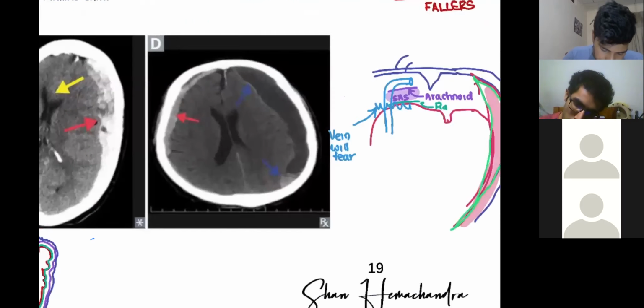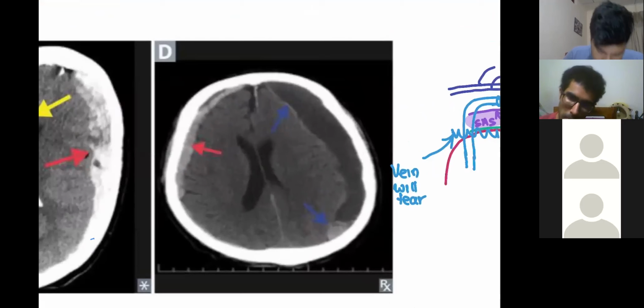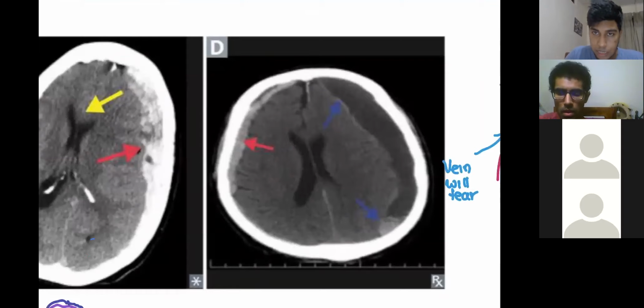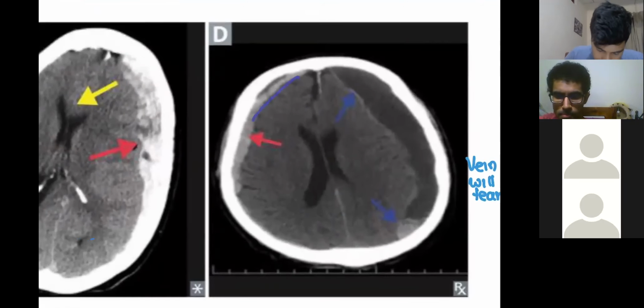Here is a diagram of acute on chronic. Basically, when it is black like this, it means it's an old bleeding, an old hemorrhage. This is an old bleeding, but this is a new bleeding. Look at the shape, it's like a crescent.